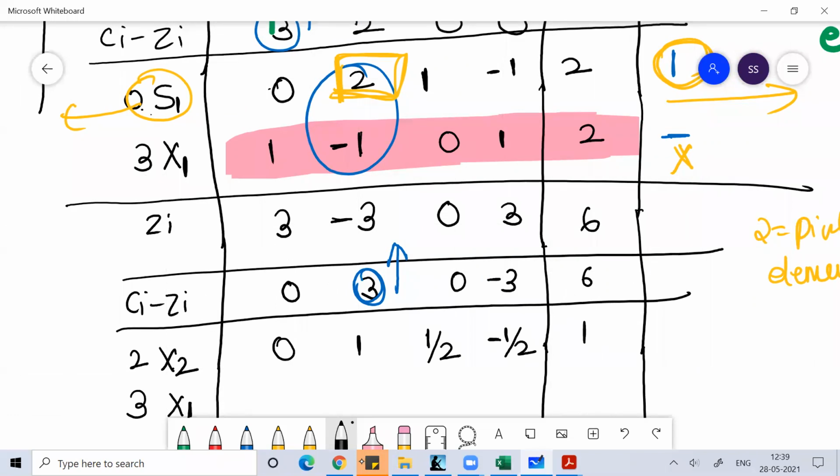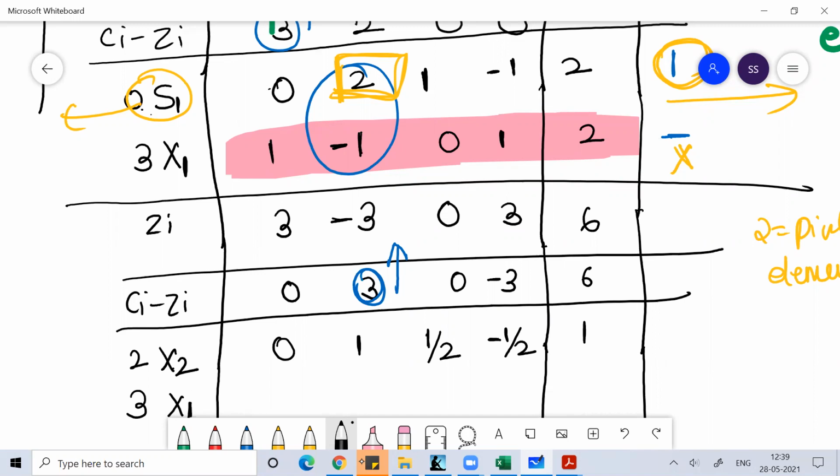Now by this I'll get the value of x2. These values I'll call the new element, because x2 is the new row you wrote.